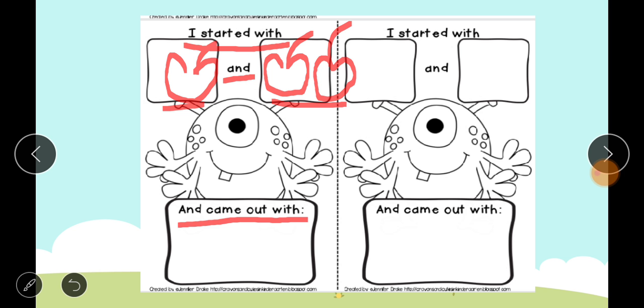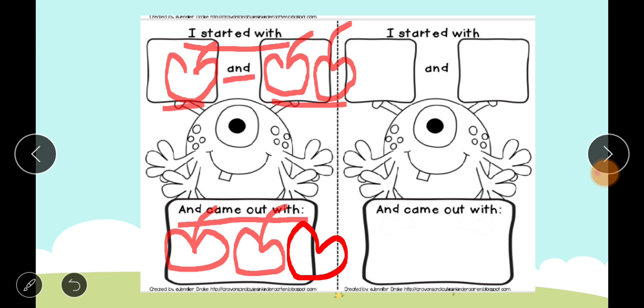We have 3 apples. So I came out with 3 apples. So that means number 3 is composed of 1 and 2.